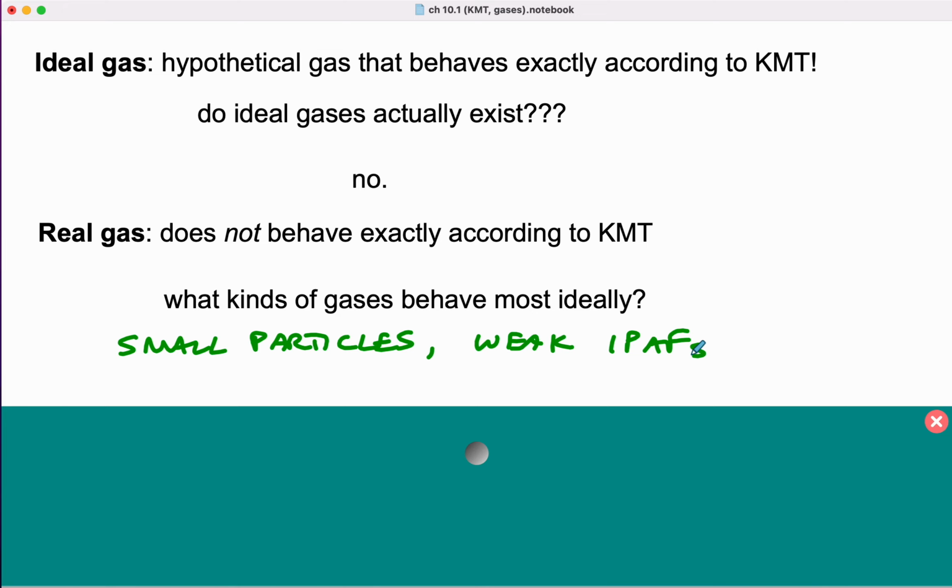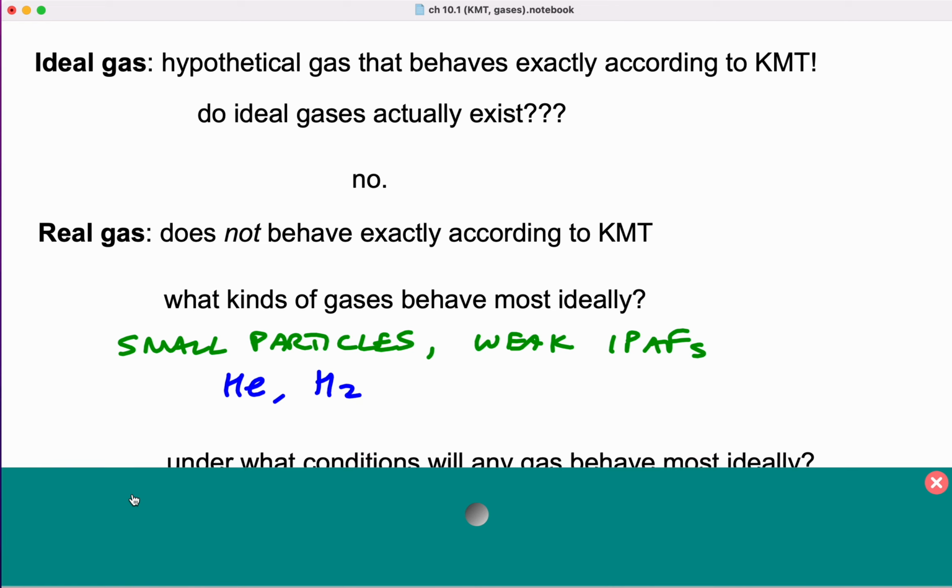So if they are very small and have very weak interparticle attractive forces, that means they're not going to take up much volume, so their volume is going to be closer to 0, and there are going to be very, very weak attractive forces between them. Can you think of specific gases that would fit these criteria? Well, if you look at the periodic table, you'll probably realize that helium and hydrogen fit both of these criteria. And in fact, under pretty much any conditions, helium and hydrogen are considered the most ideal of the gases that exist. They are closest to the hypothetical gas described by the kinetic molecular theory.